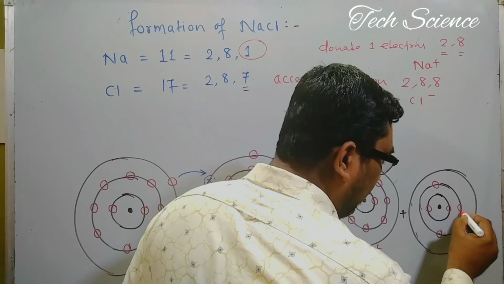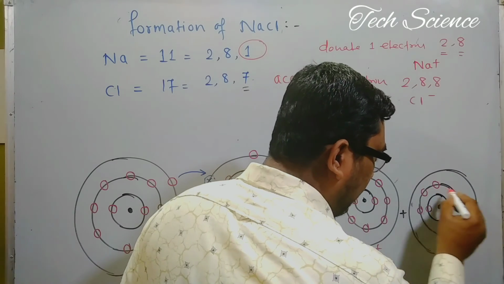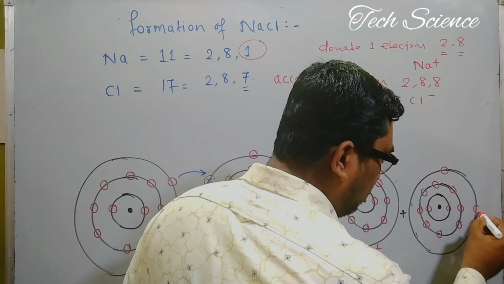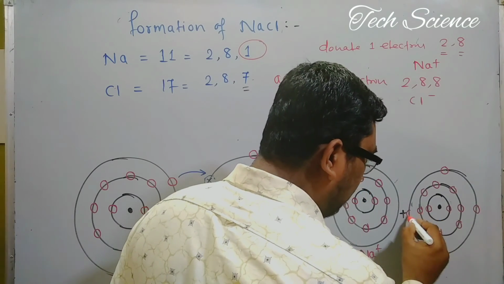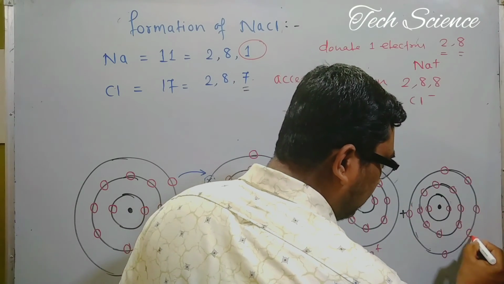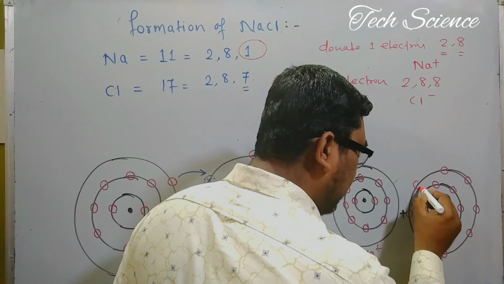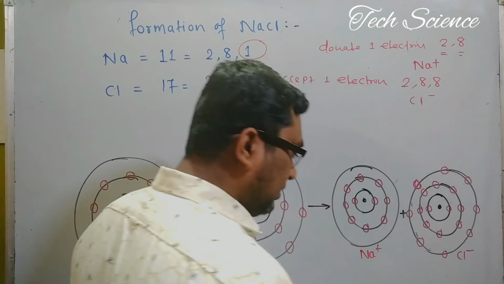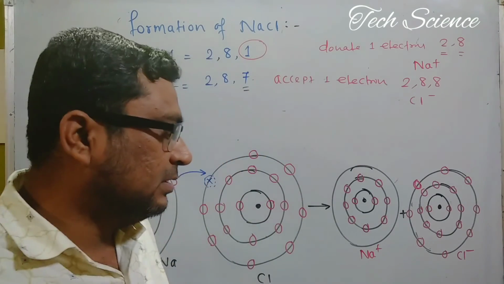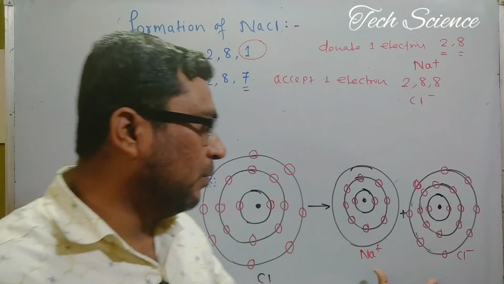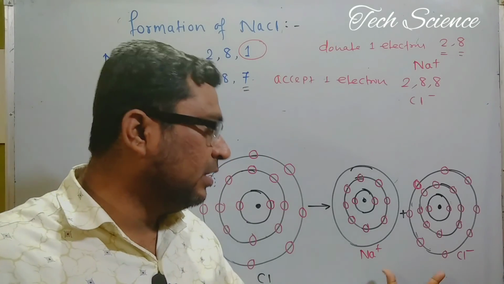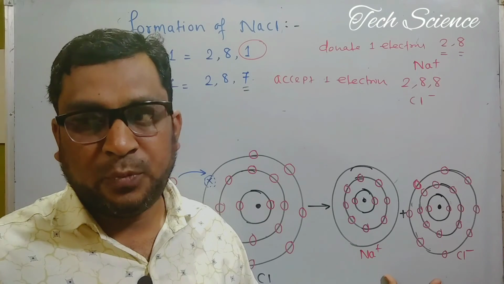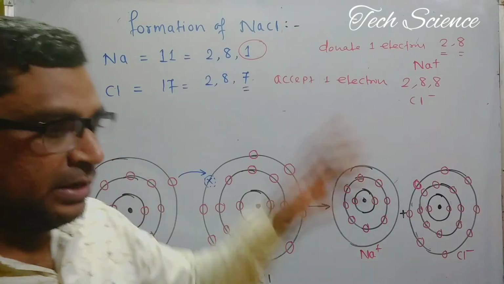This is 2, 8, 8, and this is the electron which is accepted, and it converts into Cl minus. And this Na plus and this Cl minus form an ionic bond between these two because of the electrostatic force of attraction between the oppositely charged ions, and NaCl forms.